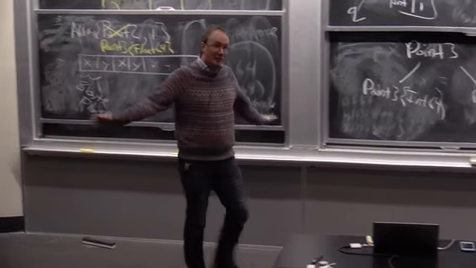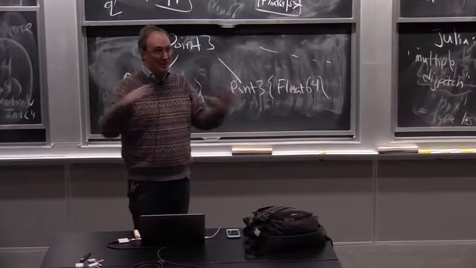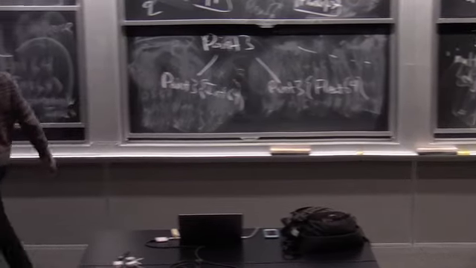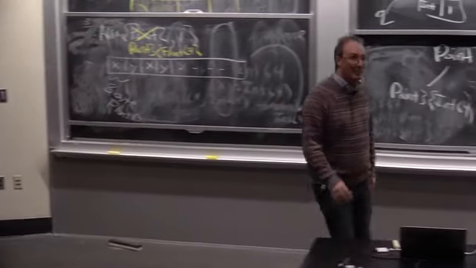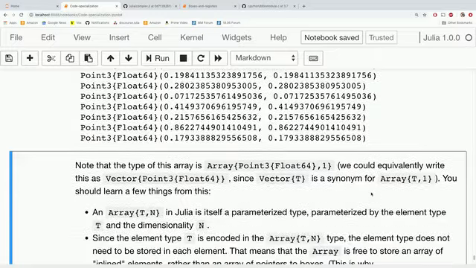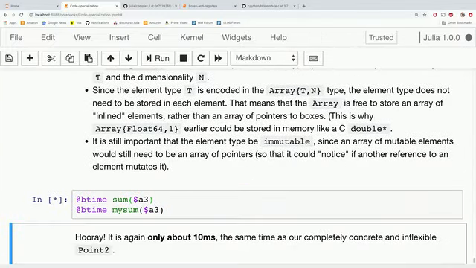The compiler knows all the types, so when you sum it, it knows everything at compile time, and it will sum two of these things by loading this into a register, loading this into a register, and calling one instruction to add them. And so the sum function should be fast. So we can call the built-in sum function, we can call our own sum function. In our own sum function, I didn't put SIMD here, so that's going to be twice as slow.